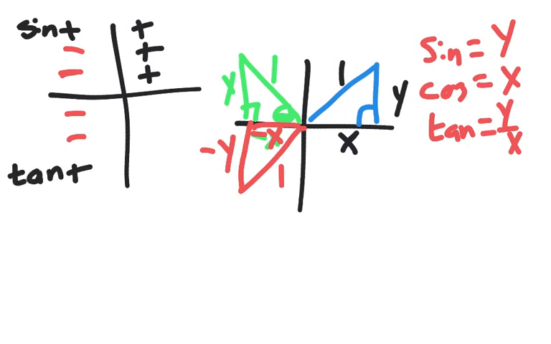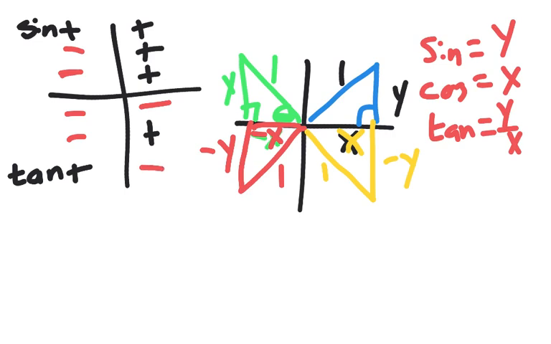And then in the fourth quadrant, again, I've got a positive x, I've got a negative y, because I went down, and the hypotenuse is still 1. So from this central angle, sine would be the opposite, negative, over hypotenuse. So sine would be negative. Cosine would be the adjacent, positive, over the hypotenuse, positive. And tangent would be the opposite, negative, over adjacent, positive, which would be negative.